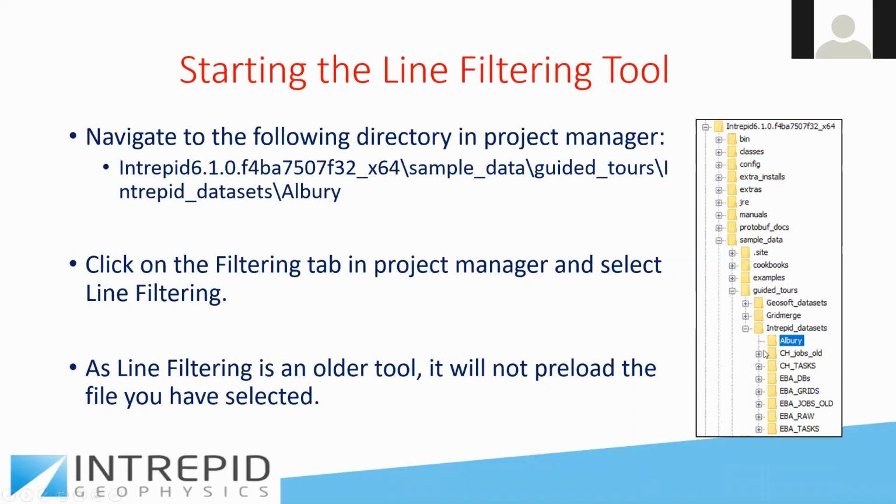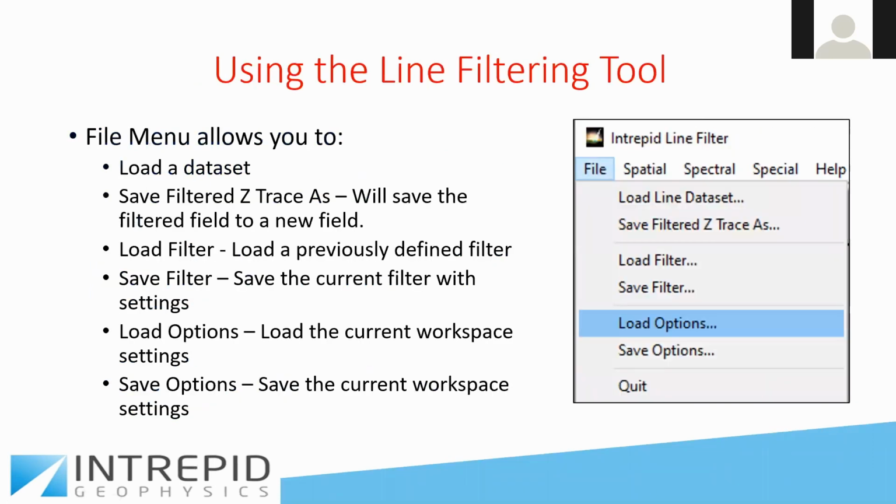And this will set the working directory for the line filtering tool. And then if you click on the filtering tab and select line filtering, as I showed you previously, it'll open up the line filtering tool. As the line filtering tool is an older tool, it's not Java based, it won't preload a database that you have selected in your working directory. So you'll have to open it yourself in a sec.